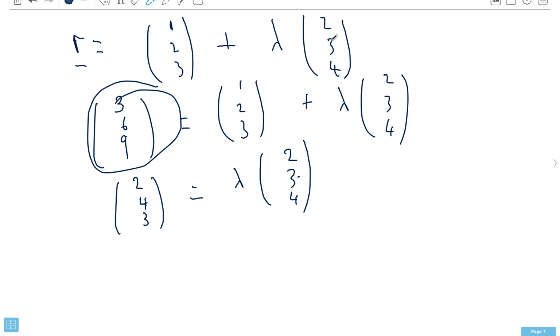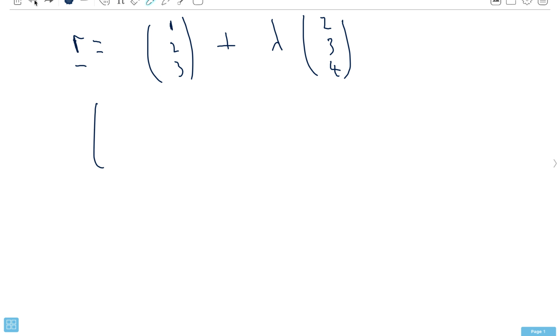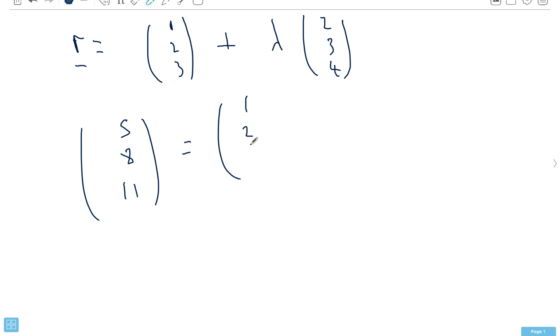Should we find a point that is on the line? So we'll check if this point is on the line. (5, 8, 11) is equal to (1, 2, 3) plus lambda (2, 3, 4).